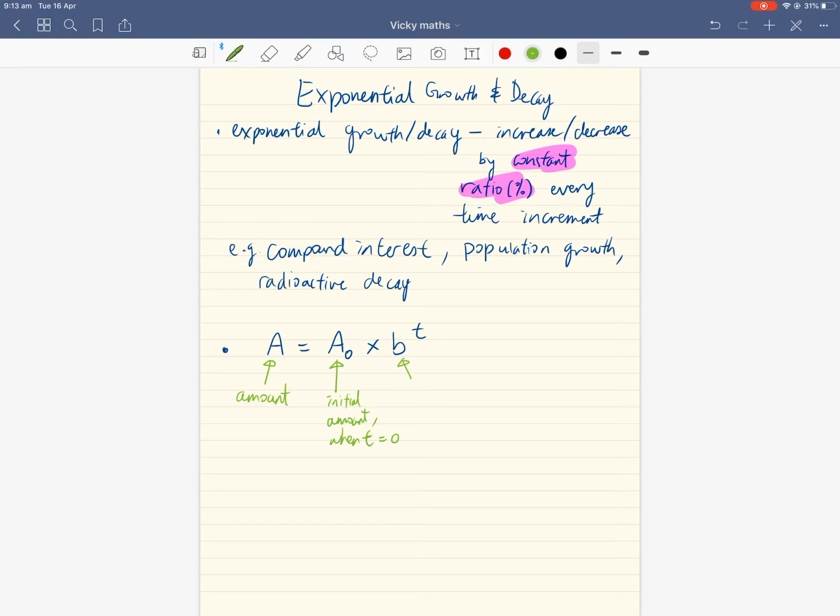Your b is your growth or your decay rate. And again, it has to be a constant ratio or rate for it to be an exponential growth or decay. If it's not constant, it can't be exponential anymore. And t, the power of t, is time.